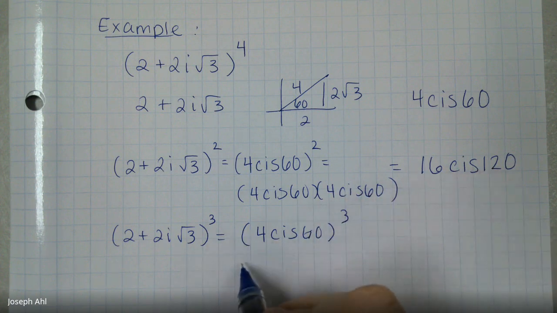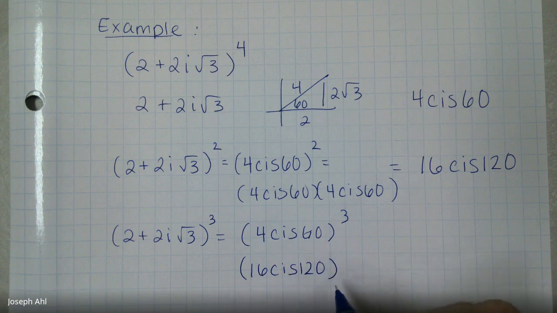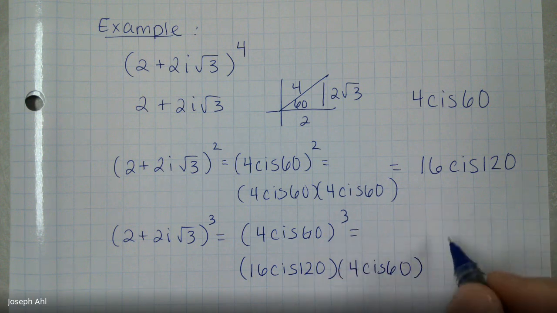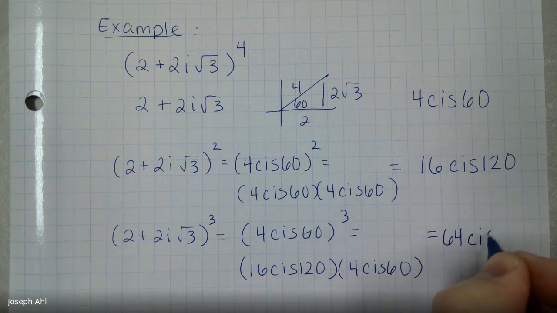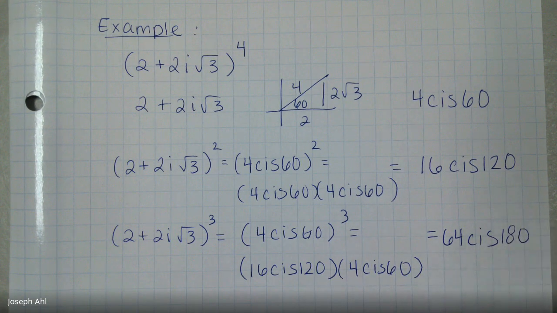Take your answer from the last step, which is 16 cis 120, that's what it would have been squared, and multiply by one more 4 cis 60. This comes out to be, in the end, 16 times 4, which is 64, cis 120 plus 60, which is 180.